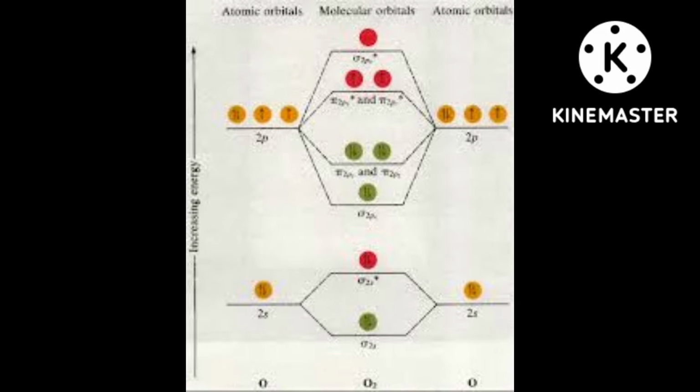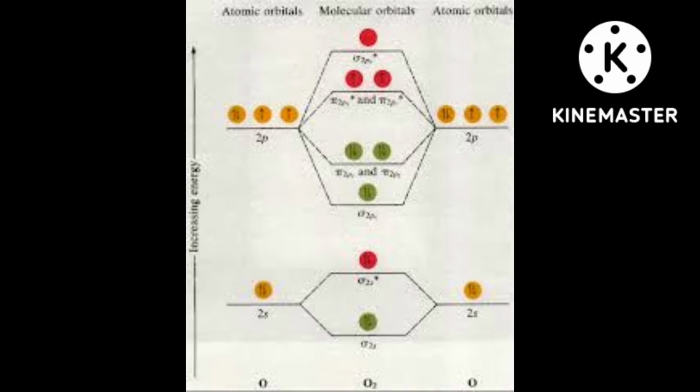This means that one 1s orbital can combine with another 1s orbital, but not with a 2s orbital, because the energy of the 2s orbital is appreciably higher than that of the 1s orbital. This is not true if the atoms are very different.